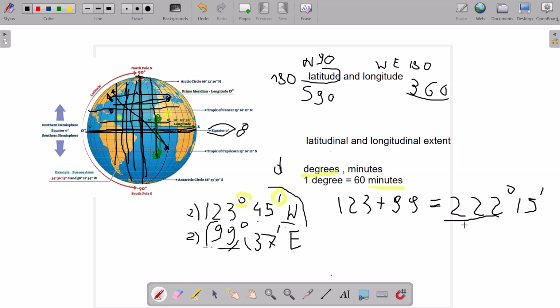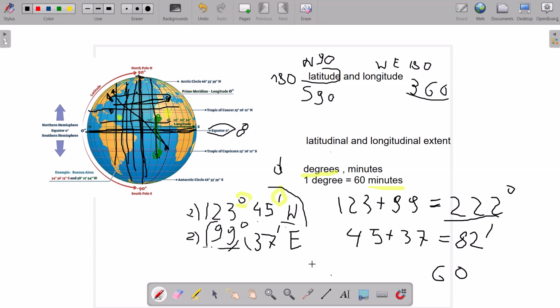This is okay. But what to do with minutes? Because if we add minutes, we will get more than 60. 45 plus 37 equals 82. So can we write 82 minutes? No, because the maximum value for minutes is 60.